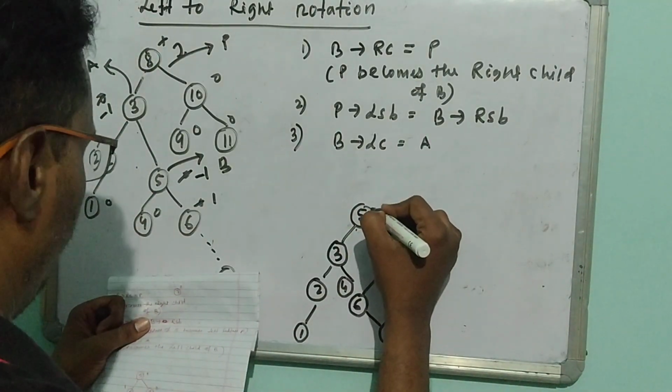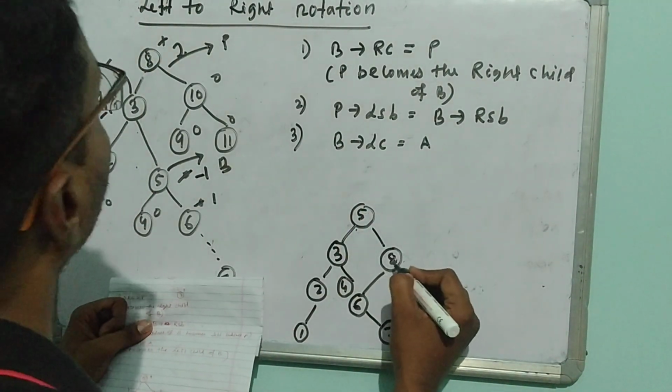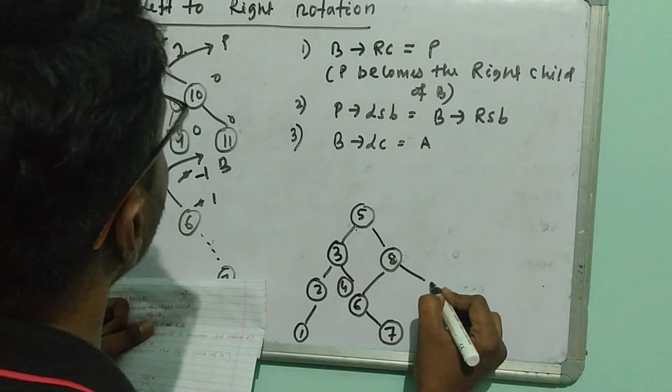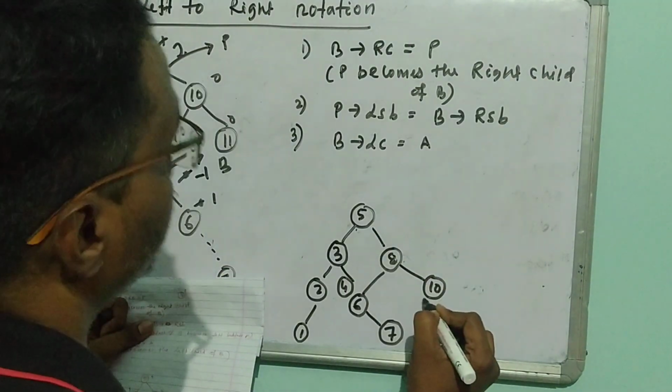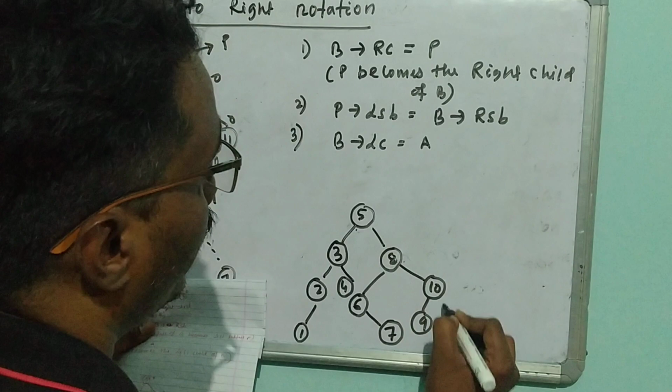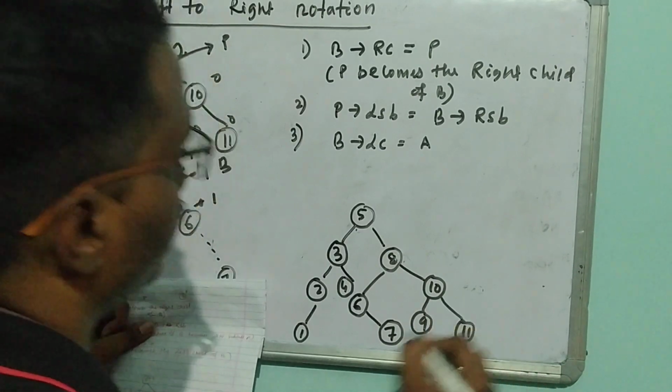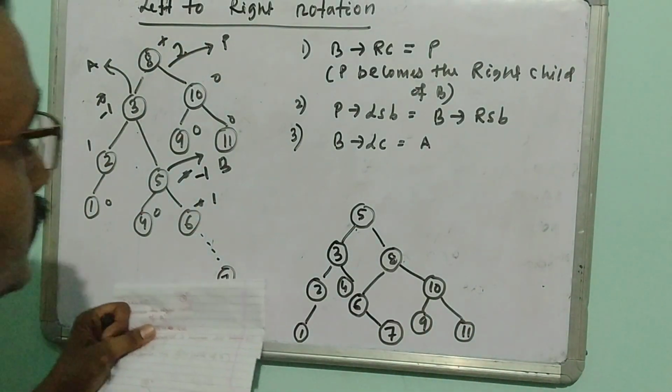And 5 having 8, having this is 10, this is 9, and this is 11, remain as it is.